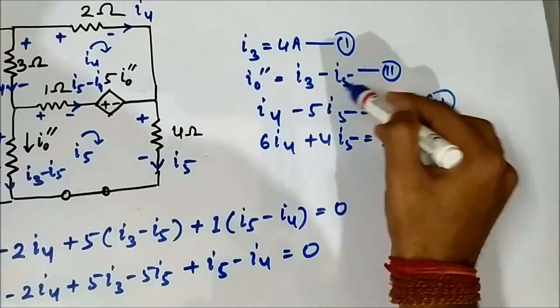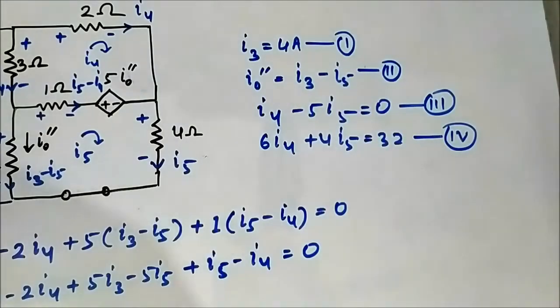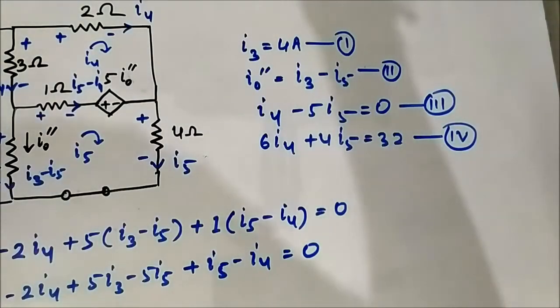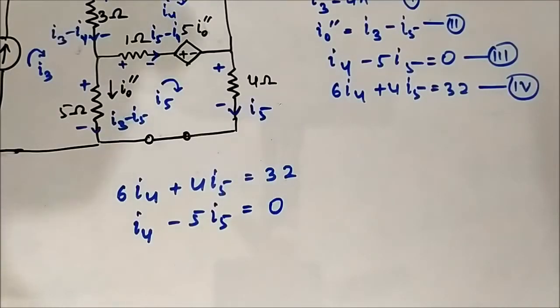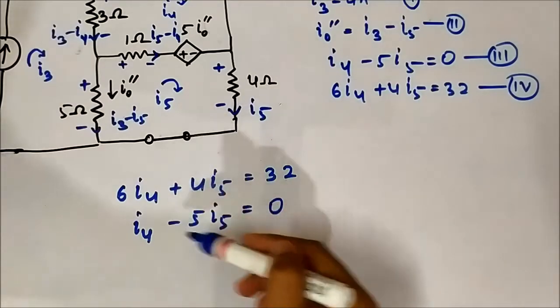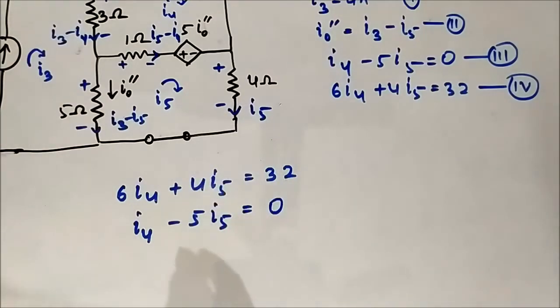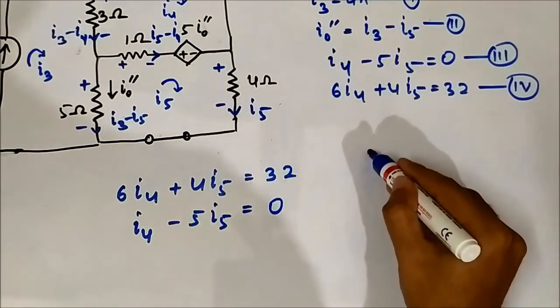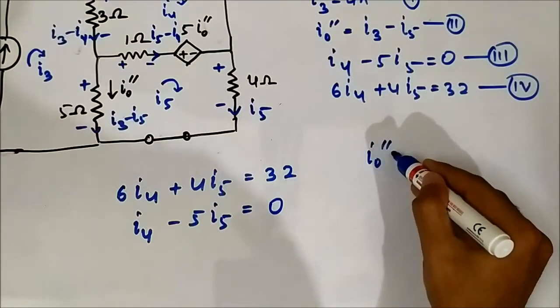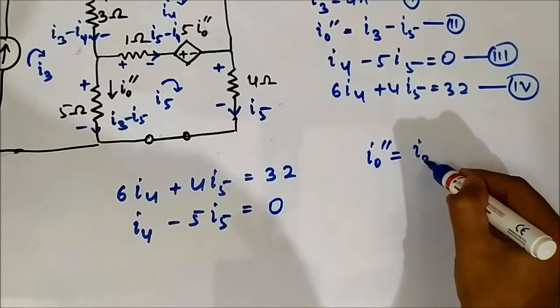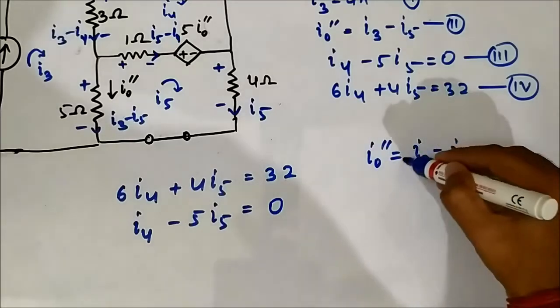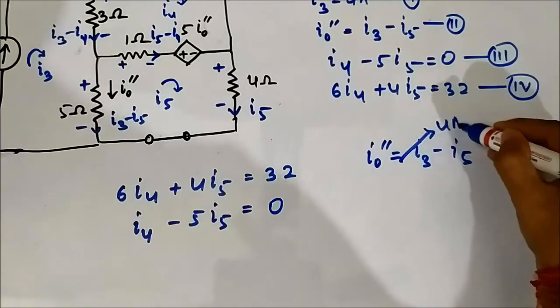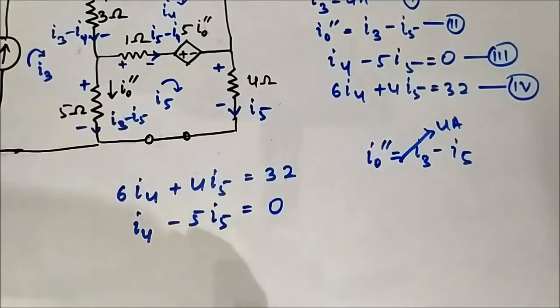Now we have to find out I5 from these two equations, so that we can put this value to get I0'' is I3 minus I5, where I3 is known, 4 ampere. So we need to find out I5.